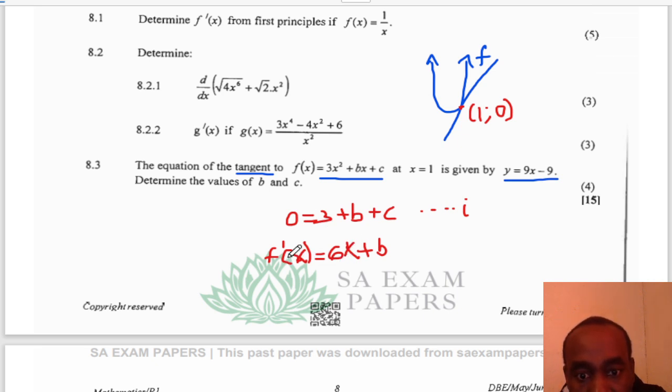Now remember, this first derivative is the equation of the gradient. This is sometimes confusing: should I set it to 0 or to something else? You only set this first derivative to 0 if you are looking for the x coordinate at the turning point.